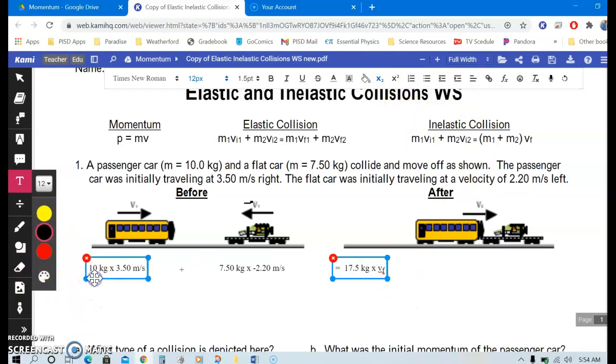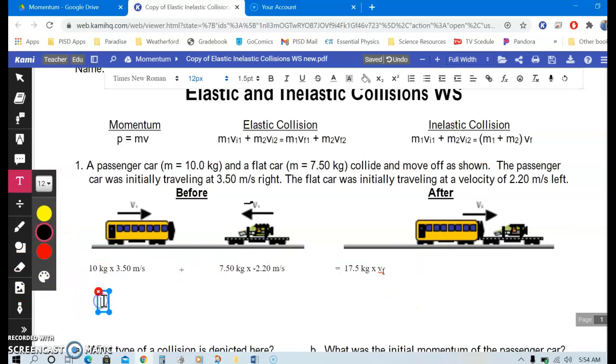All right. So if we plug in the numbers we have over here, we have 35 plus a negative 16.5. There we go.